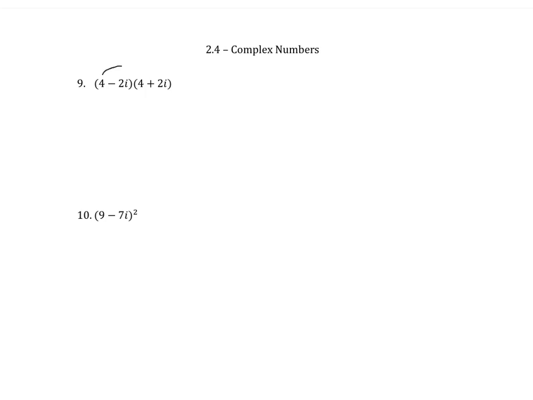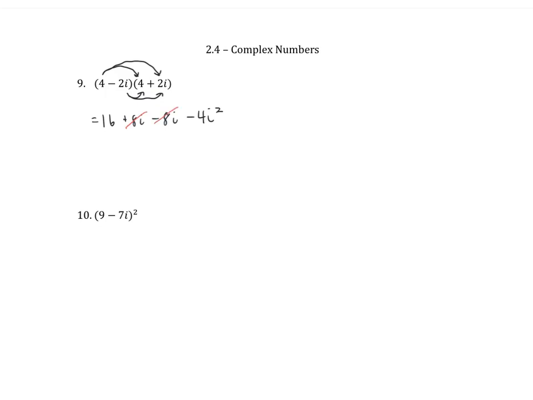So let's see. If we distribute the 4, we will get 4 times 4 is 16. 4 times 2i is 8i. Now we're going to distribute this negative 2i. So that will be negative 8i minus 4i squared. Okay, so look at the two middle numbers. Do you see that those are opposites? So we have 8i and negative 8i. So those are gone.